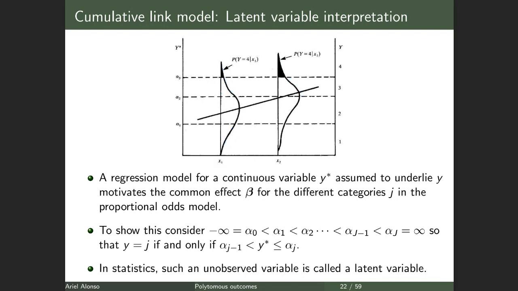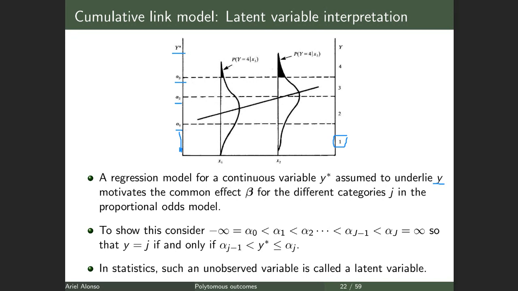Now, suppose that you define cutoff points for this latent response. In this case, we are going to consider three cutoffs, alpha 1, alpha 2, and alpha 3. And now I'm going to construct the observed ordinal variable y using my latent response and the cutoff points. So if the latent response is smaller than alpha 1, then my categorical variable is going to take value 1.